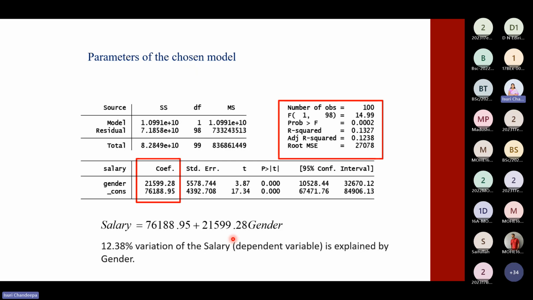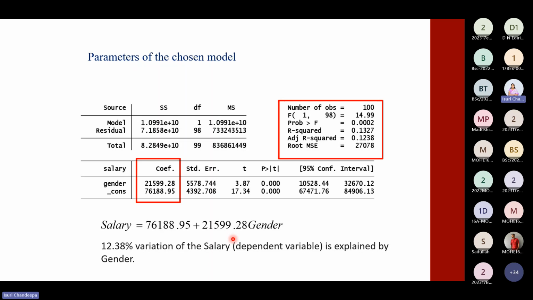We test the hypothesis under three confidence levels. What are those confidence levels? 95% confidence level, 99% confidence level, and the other one, 90% confidence level.